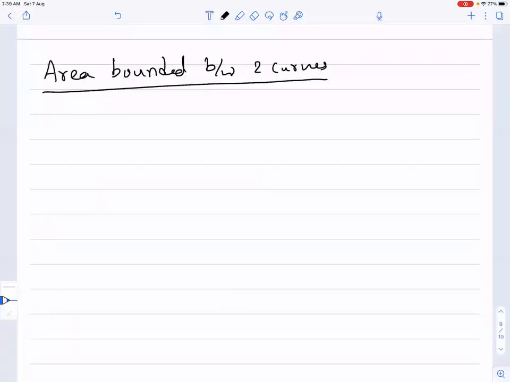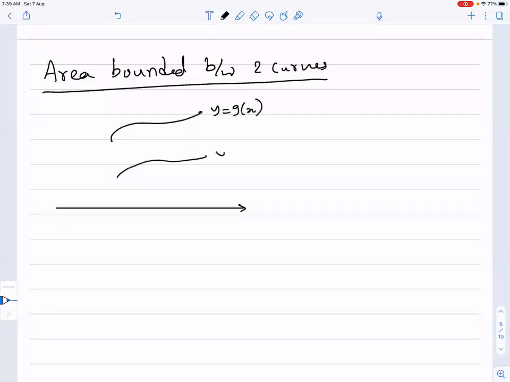So imagine we are finding out the area between them towards the x-axis. That is, you have a curve y equal to g of x, y equal to f of x, and between them we are trying to find out the area from A to B. So that is this particular portion of area.